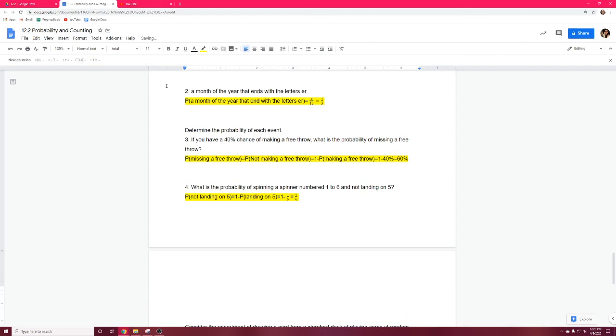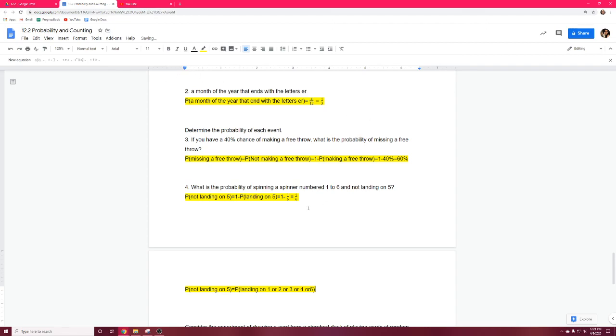Or another way to think about this problem, you can think about the probability of not landing on 5 as the probability of landing on 1 or 2 or 3 or 4 or 6.